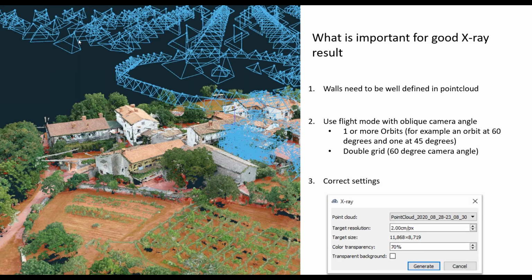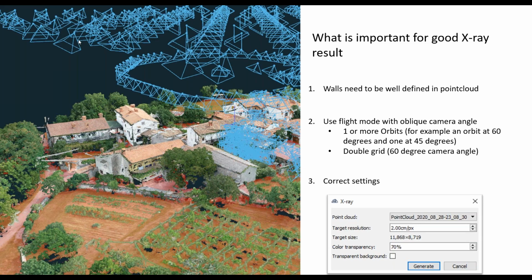You can also use the double grid flight mode with, for example, a 60-degree camera angle, if you have a larger area and would have to use too many orbital flights. You can also combine orbits and double grid, but this is probably more than what we need. We need photos recorded so that we can see the walls of objects in 3D.